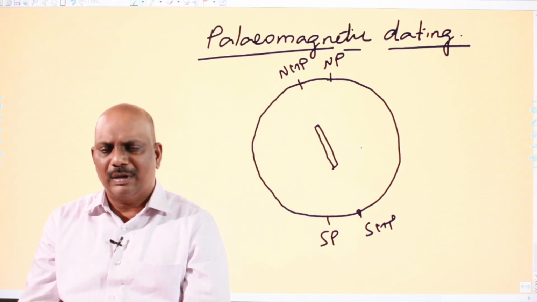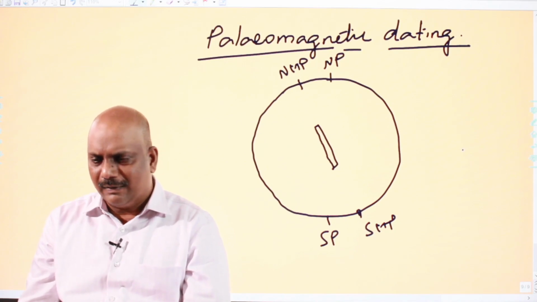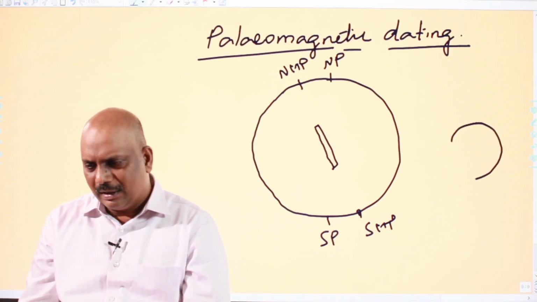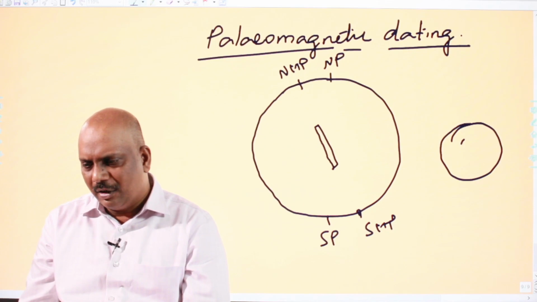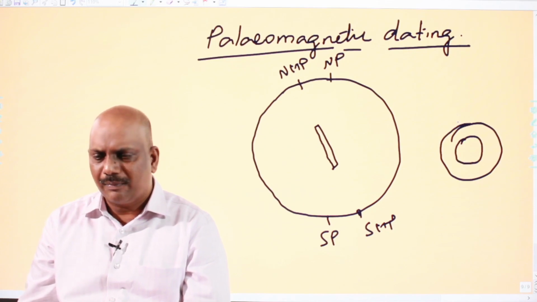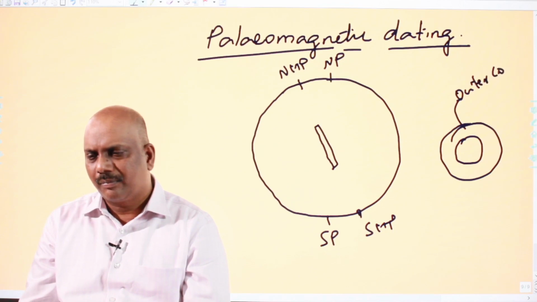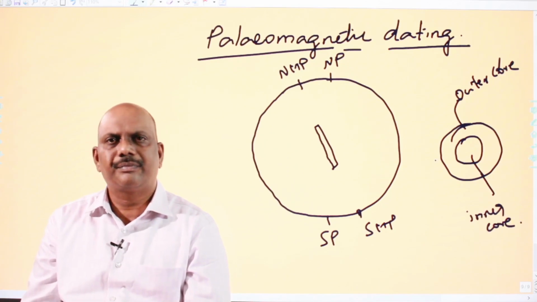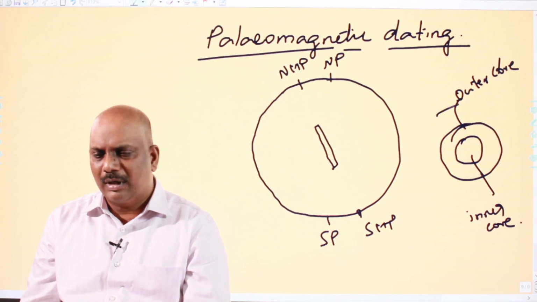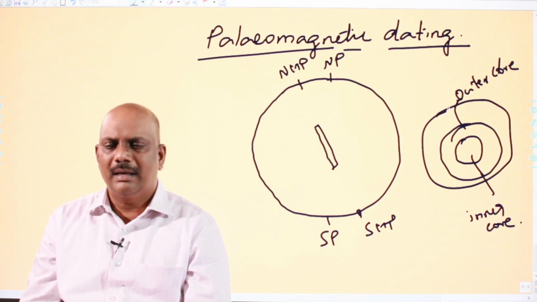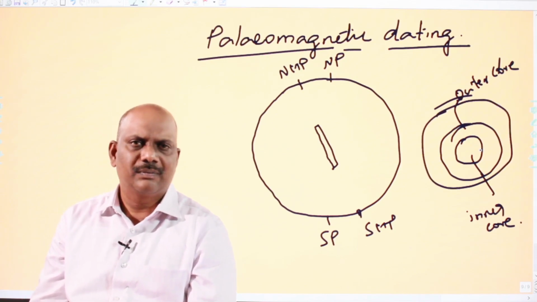I told you that in the interior of the Earth, the core is again divided into two, outer core and the inner core. The core is surrounded by the mantle and then the crust. We know this.